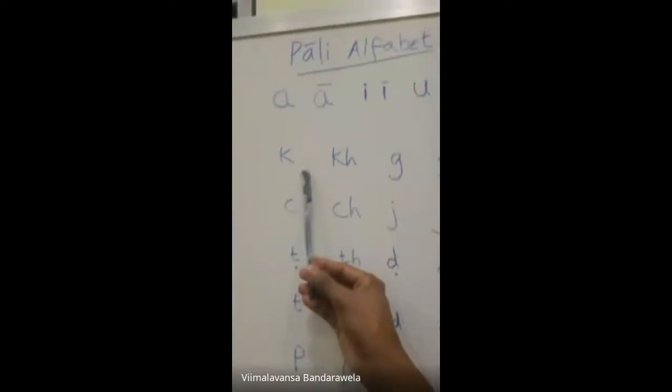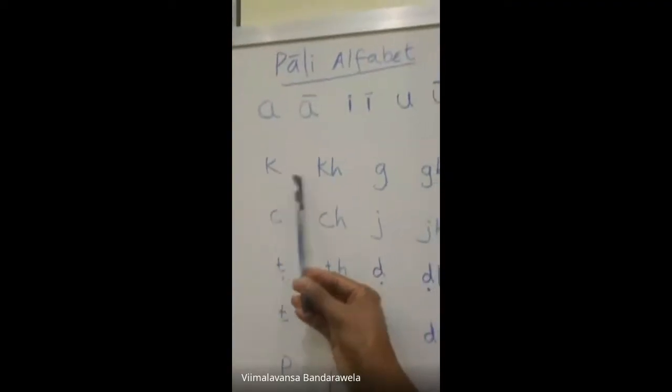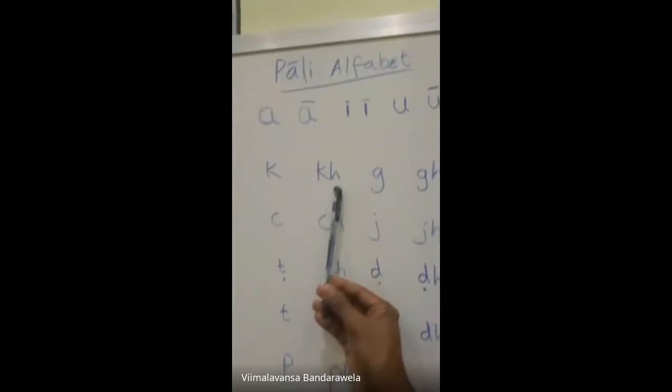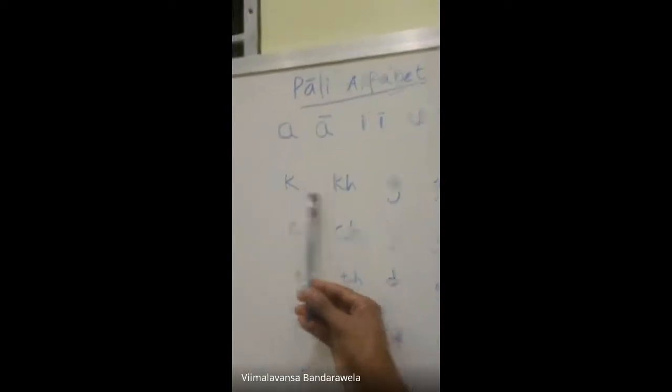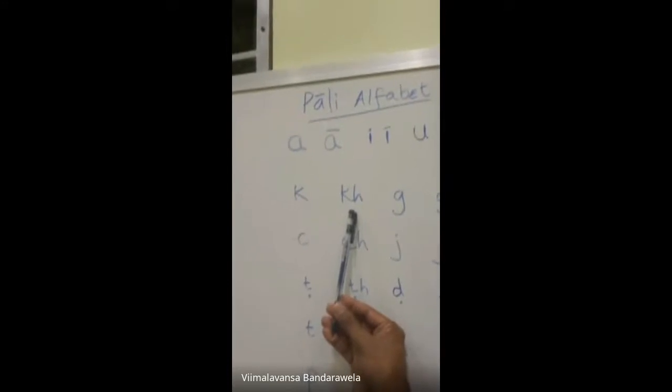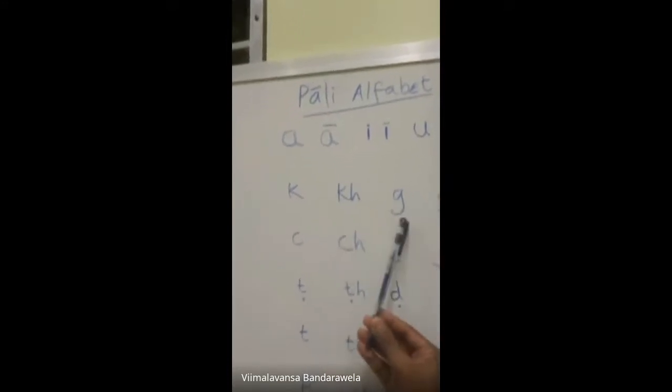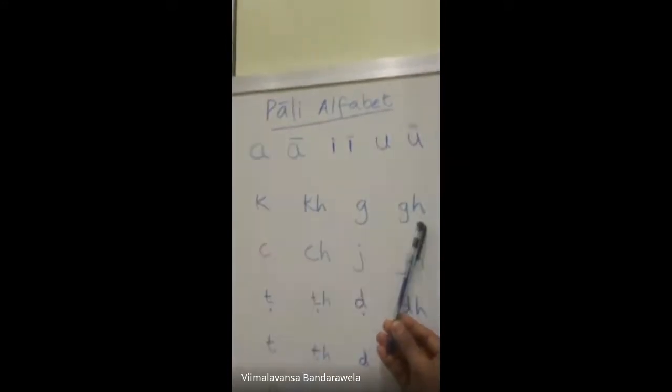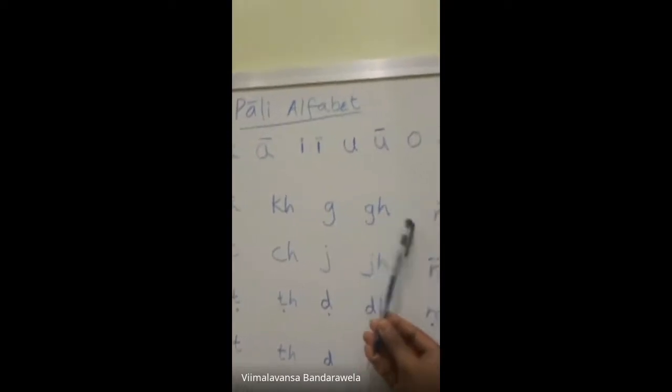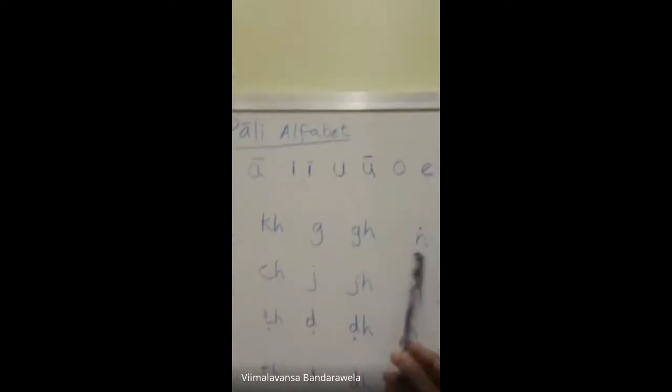We can see. Ka. Right. This is ka. This is simple ka. This is kha. This is ga. This is gha. This is nga, in this way.